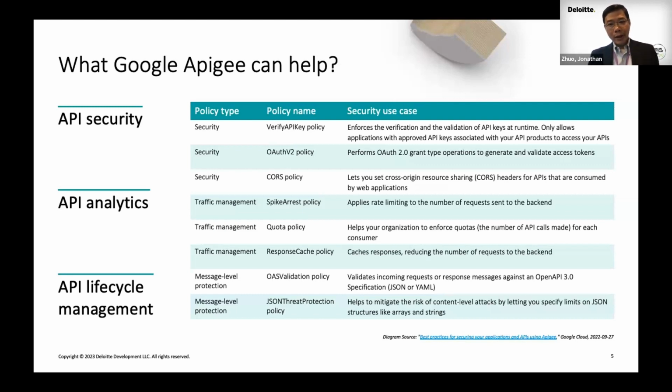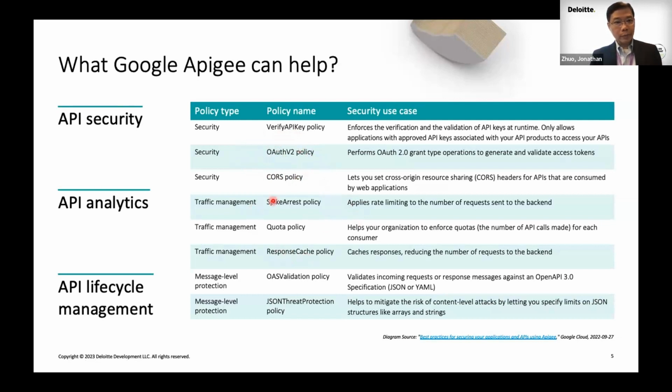And Apigee has out-of-the-box default policies to secure your APIs. For example, in this table, you can see there are quite some. It's not all of them, but I listed some of the security policies that will help you to control access to your APIs.